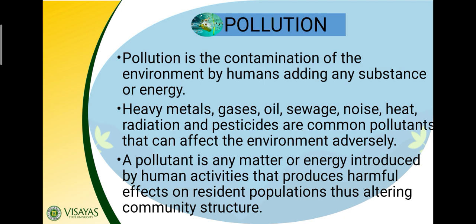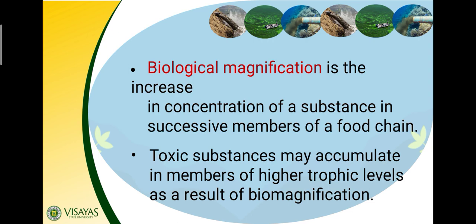Common pollutants that affect the environment are heavy metals, gases, oil, sewage, noise, heat, radiation, and pesticides. Pollutants, class, like chemicals, can accumulate within the tissue of living organisms and eventually are magnified.